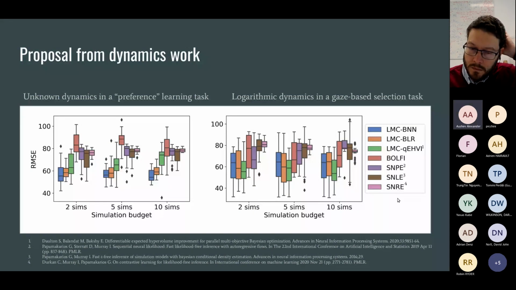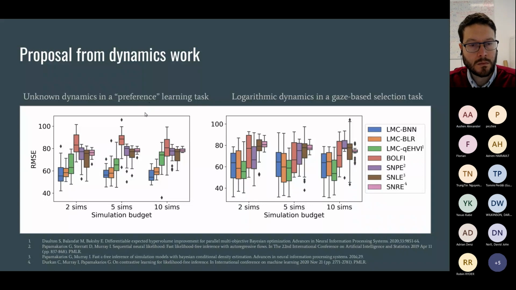And yes, we see that in the case where the dynamics was completely unknown, in a preference learning task where the human user needed to solve a data analysis task, they first try to explore the data and they gradually move to finding a very good machine learning model which would be able to separate the data very well, and the transition dynamics essentially simulated this path.